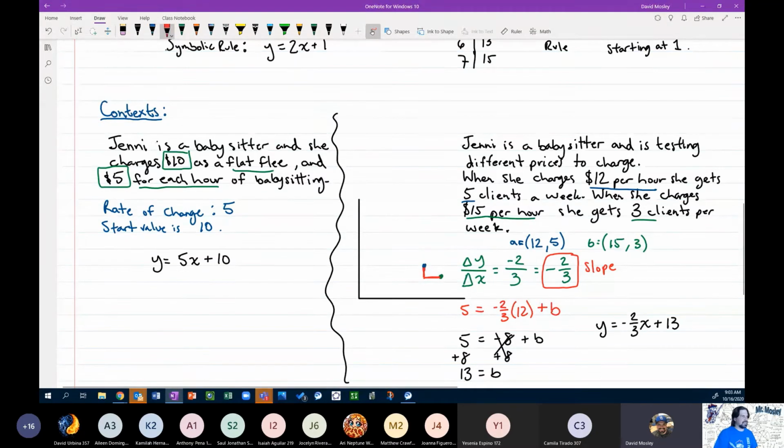In this case, the change in y from 5 to 3 is minus 2. To get from 5 to 3, we have to subtract 2. The change in our x value from 12 to 15, we have to add 3.